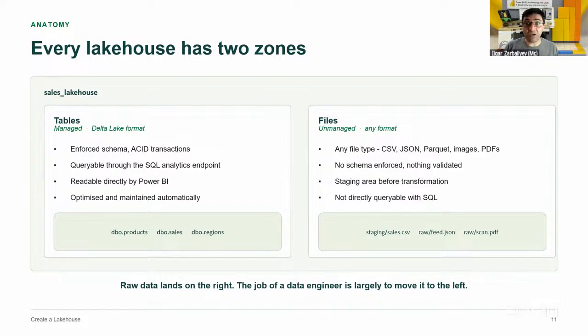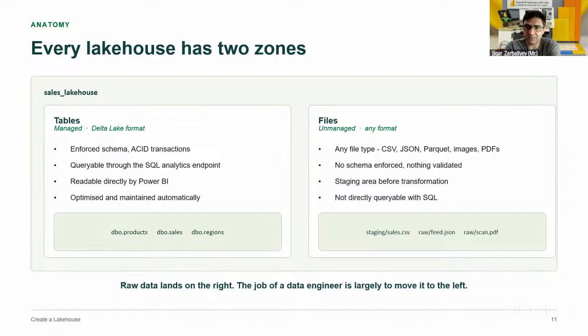Open any lakehouse in Fabric and the Explorer pane shows you two nodes, tables and files, and they're deliberately, fundamentally just different. Files on the right is managed storage. It's functionally a folder. You can put anything in it: CSV, JSON, Parquet, images, PDFs, whatever you have.